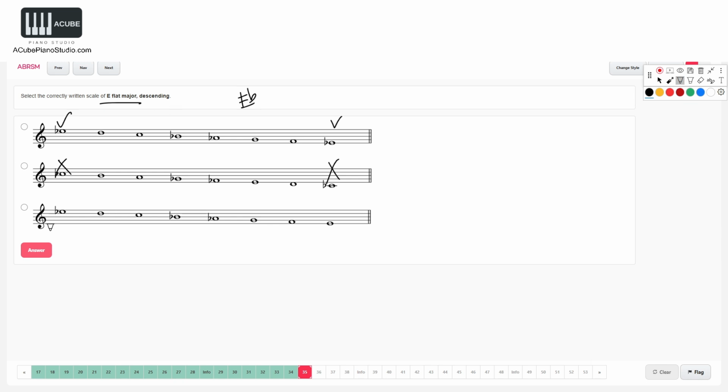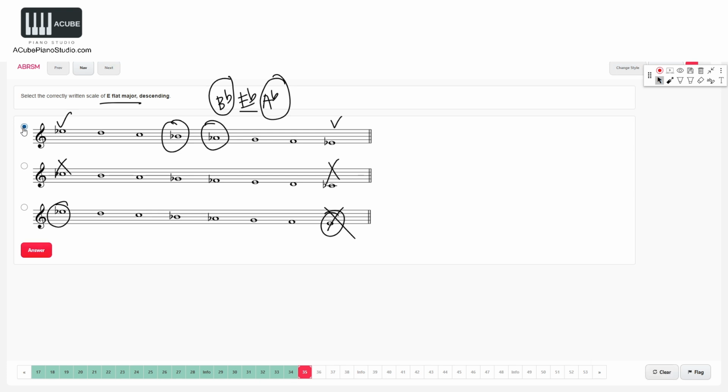This is treble clef, this is E flat, but this is not E flat, so it is out. So without even looking at the rest, I know this will be the answer. Now let's do a check. In E flat major, the key signature consists of B flat, E flat, and A flat. So apart from E flat, I need B flat and A flat. Let's check. This is B flat, this is A flat. So therefore, number 1 is correct.